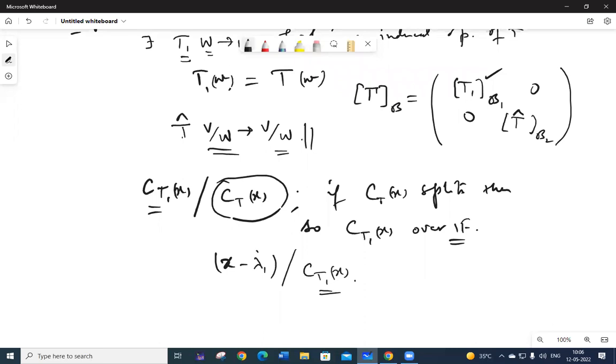That means lambda 1 is an eigenvalue of T1.